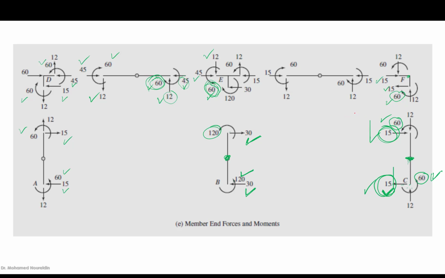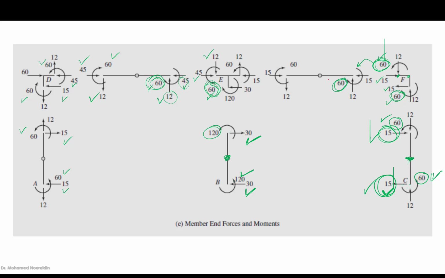And from the equilibrium of moment, this is 60, then we have the moment here, then this one is 60. Okay. So now this is 60, which is the moment. This 60 is going to be reversed here. This was counterclockwise, this is clockwise.